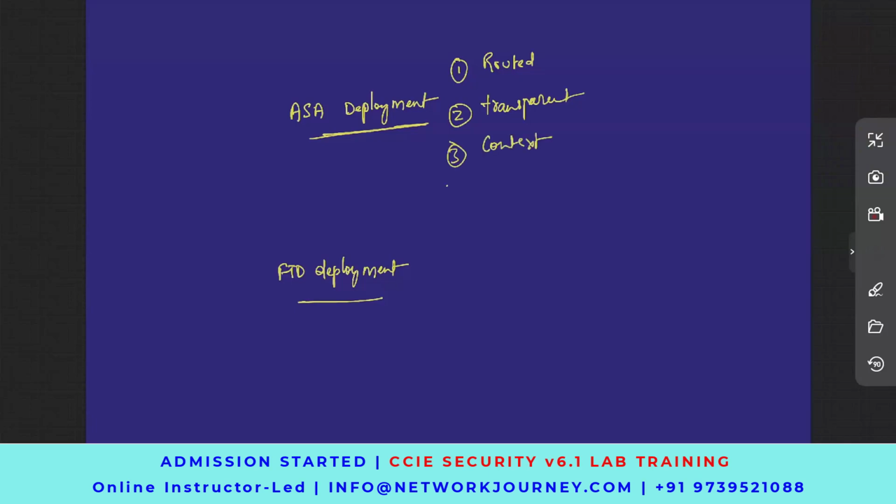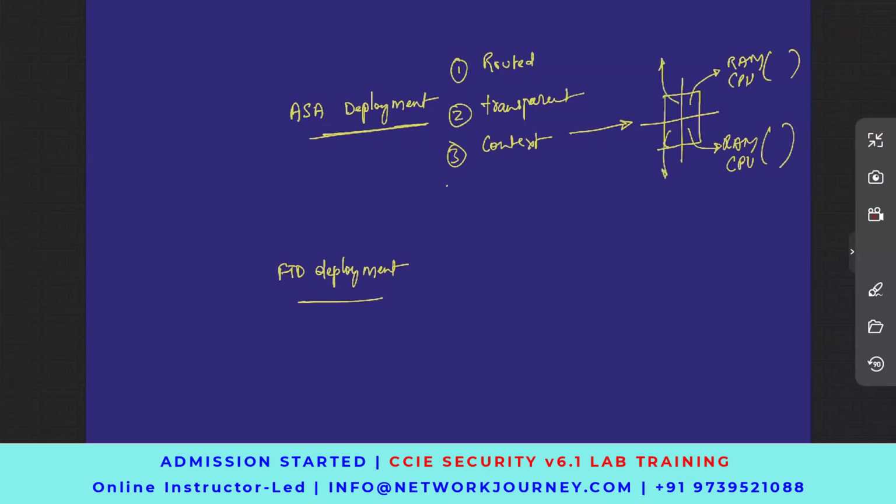Context is nothing but you have a single piece of hardware but logically divided into four different units. This one will have its own RAM and CPU dedicated to a client, and this one will have its own RAM and CPU dedicated to another client, and so on.